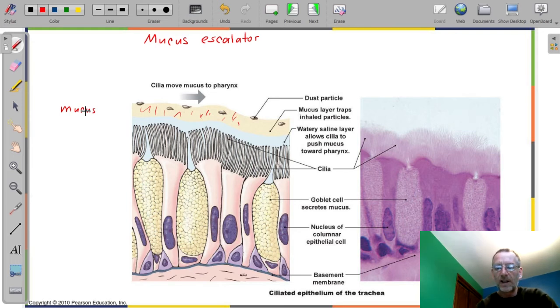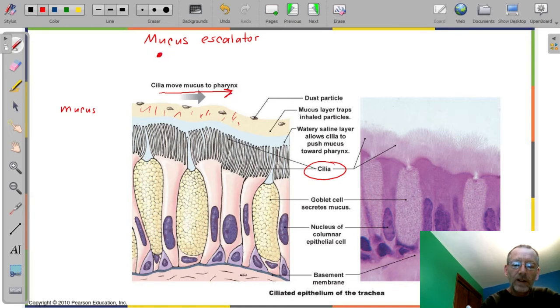The epithelial cells are ciliated, and the cilia beat in unison, sweeping and moving this mucus up out of the lower airways to the epiglottis, where you either spit it out or swallow it. That occurs all the time, and it flushes the debris that's inhaled and stuck in the mucus. So it's a way of clearing the lungs.